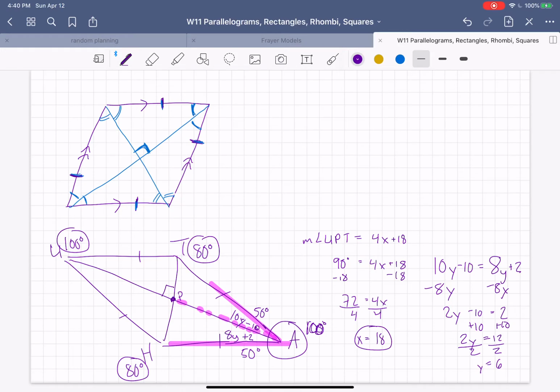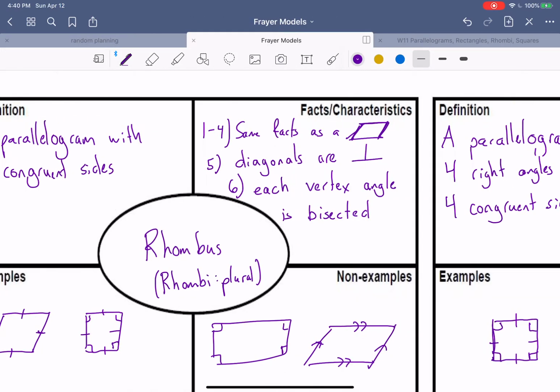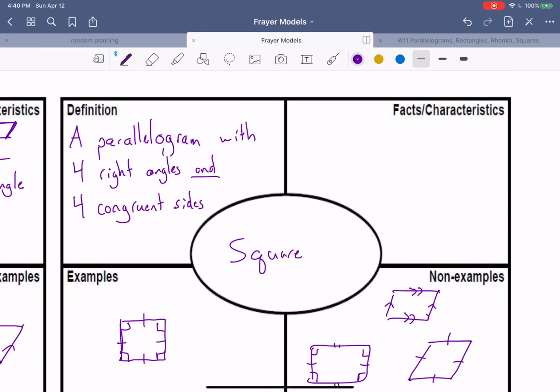The last shape we need to talk about is our square. It's a parallelogram with 4 right angles and 4 congruent sides. So it's a parallelogram, which means it has the same facts as a parallelogram.